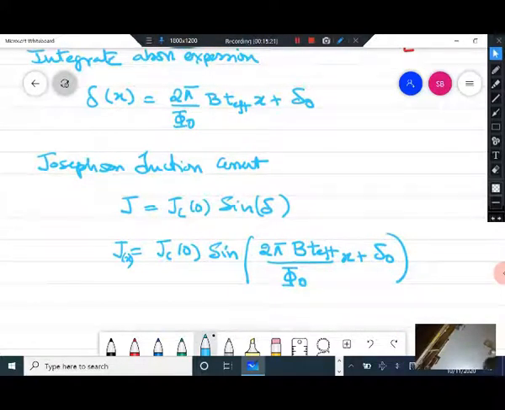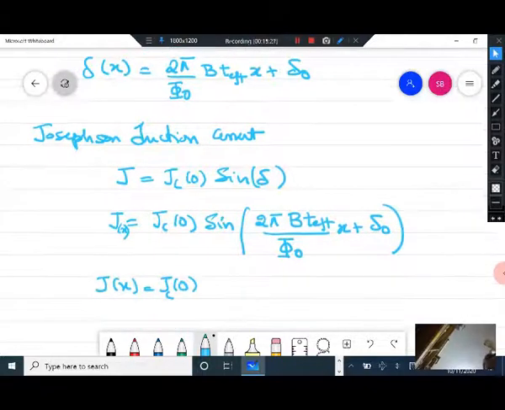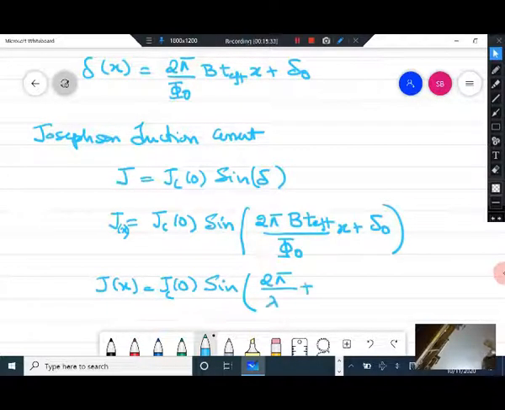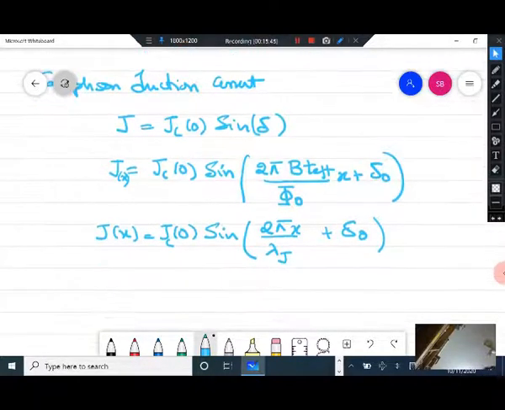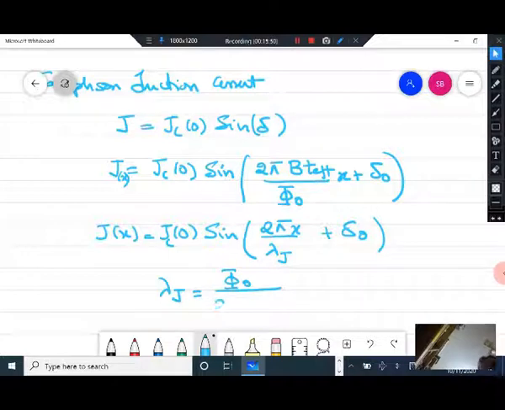You can also write this as Jx is equal to J0 sine of 2 pi by lambda x plus delta 0, where lambda j is a length scale which is phi naught by B into T effective.